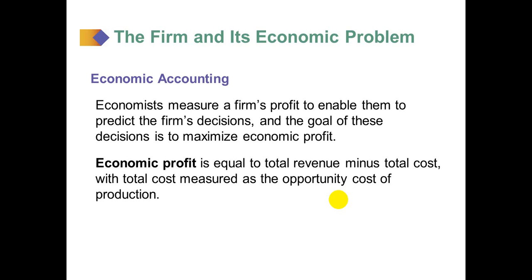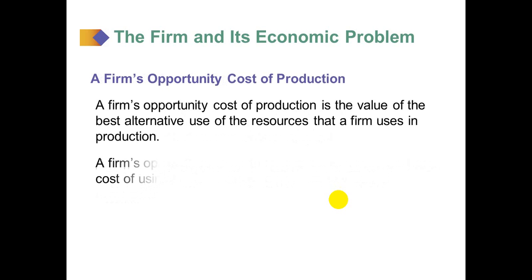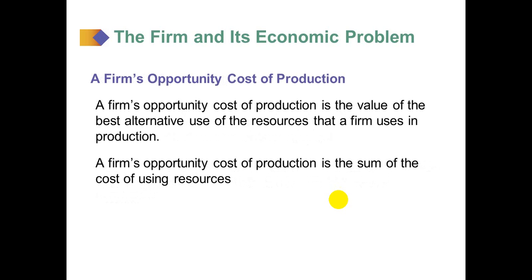So economic profit is equal to total revenue minus total cost, with total cost measured as opportunity cost of production. A firm's opportunity cost of production is the value of the best alternative use of the resources that a firm uses in production, as we studied in first year.